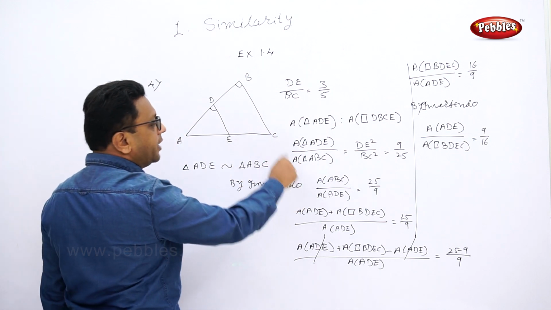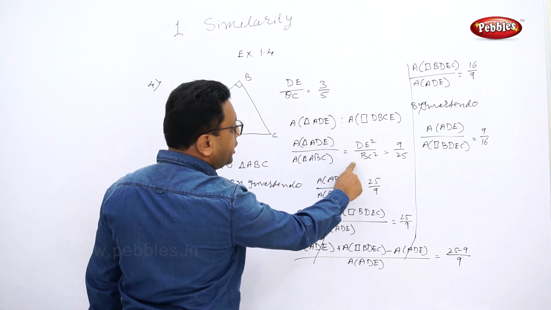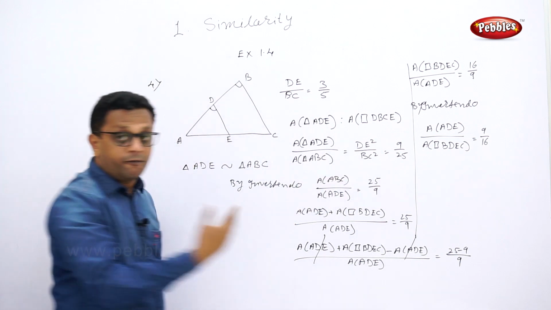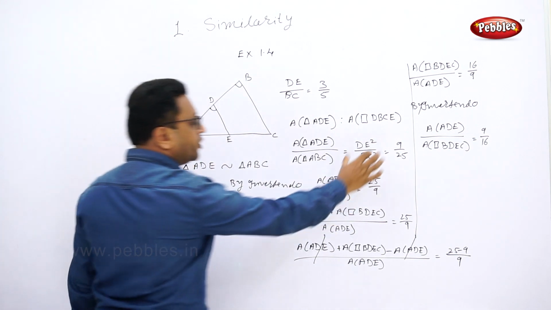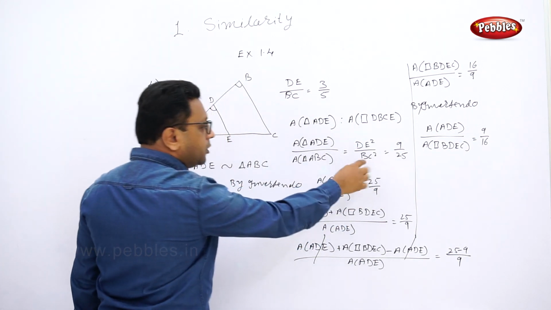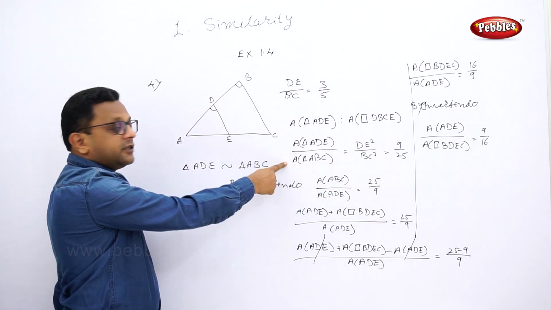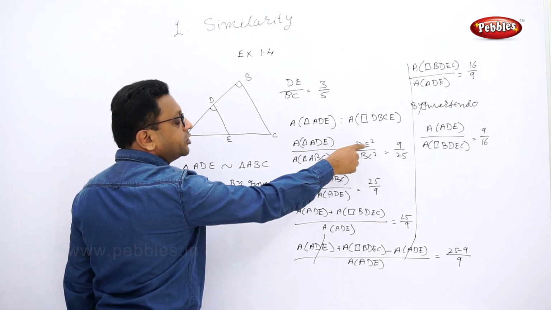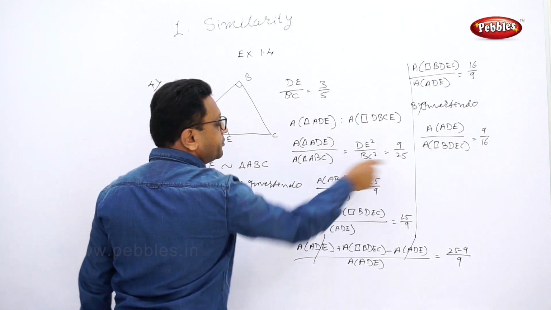Okay, first of all I wrote here DE upon BC, whichever is given. I went by reverse engineering. First I wrote DE upon BC, so correspondingly the triangles are ADE, because it corresponds to D, and ABC here.